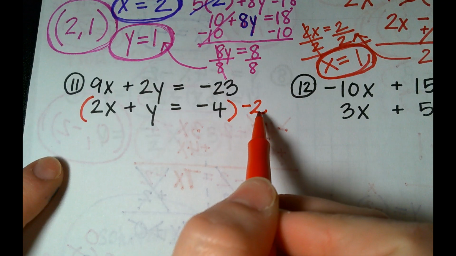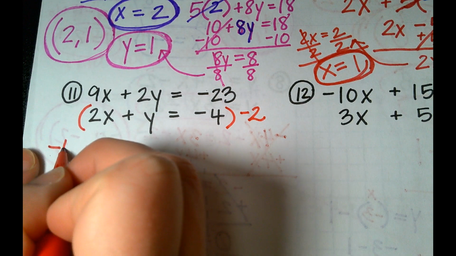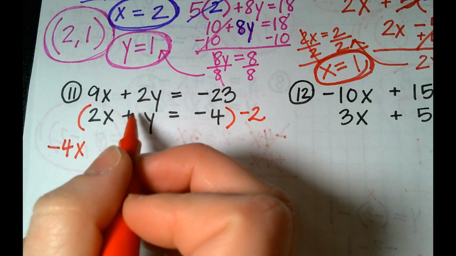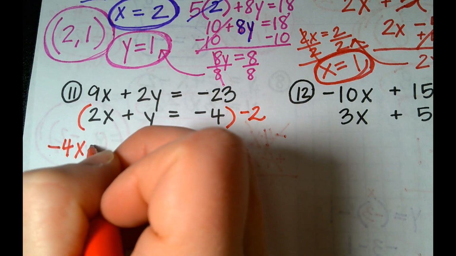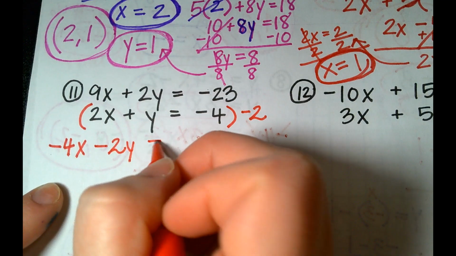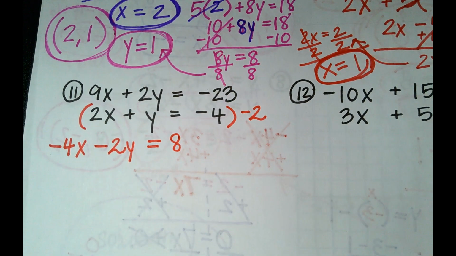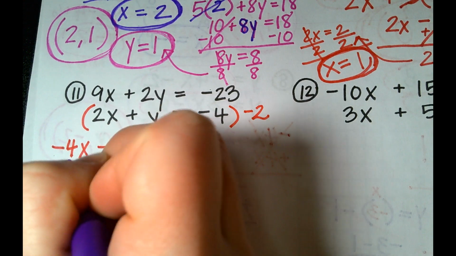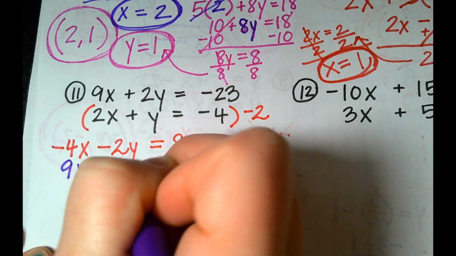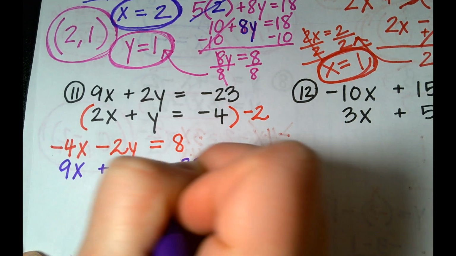So let's do that. Negative 2 times 2x is negative 4x. 1y times negative 2, negative 2y, good, equals negative 4 times negative 2, 8. Okay, now I'm going to rewrite my other equation. 9x plus 2y equals negative 23.